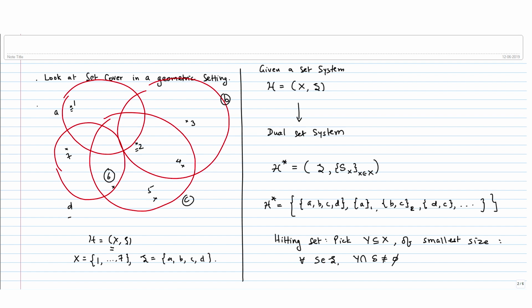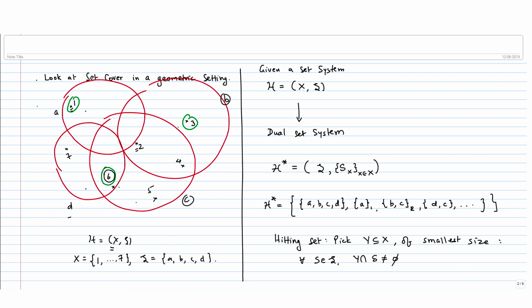I want to pick the fewest number of points, among 1 to 7, so that if I look at any disk, at least one point is chosen. So 6 hits C and D. 1 hits A. 3 hits B. So 1, 3, and 6 form a hitting set for this set system.